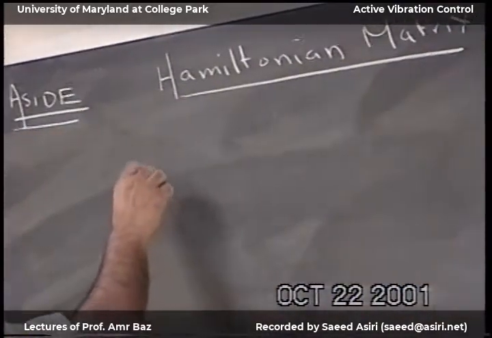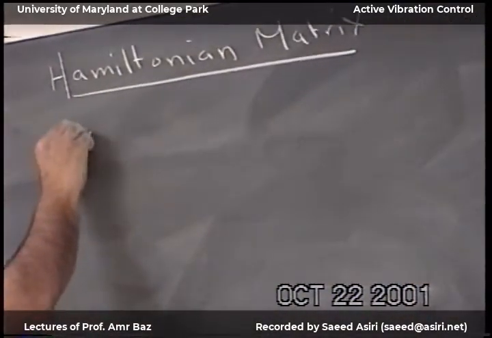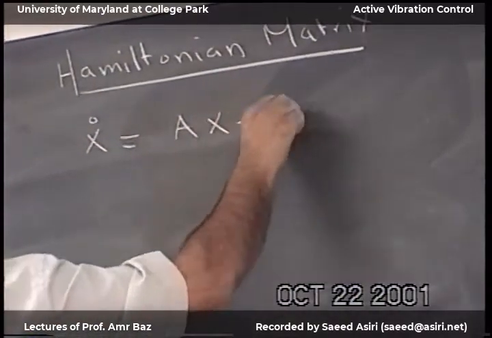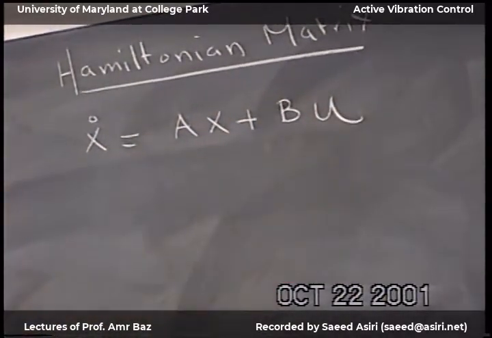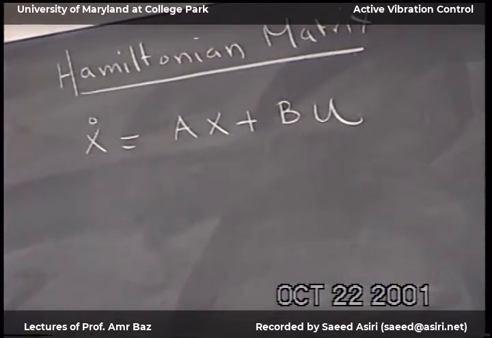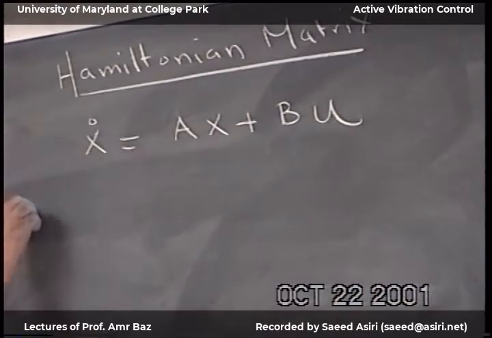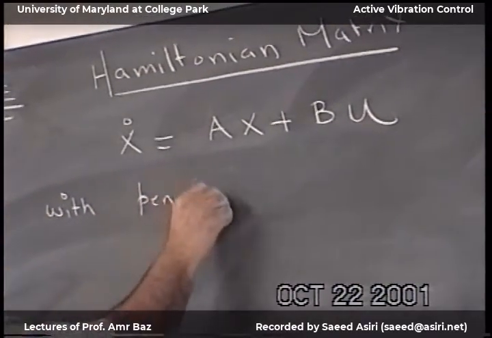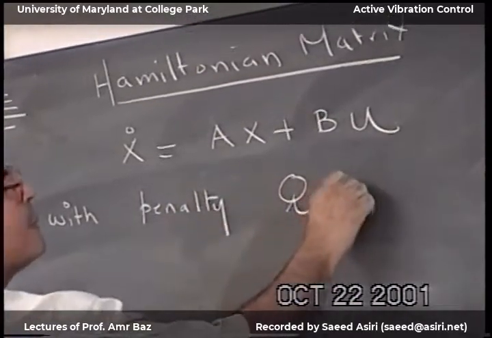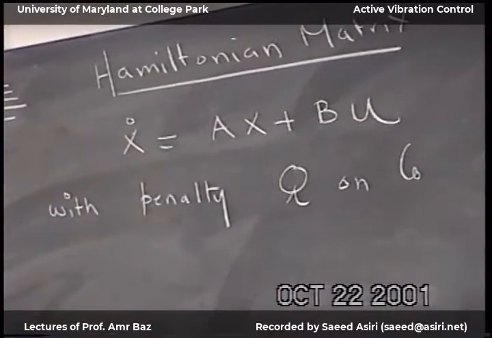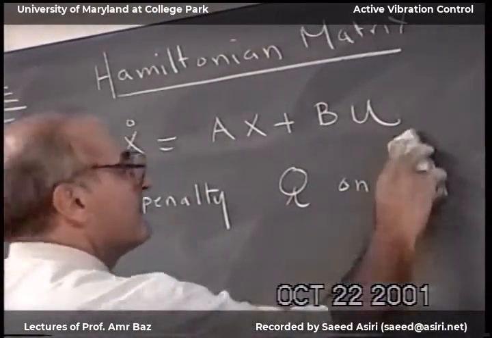Again, we have a system that looks like this, with a penalty Q on the control and on system vibration.